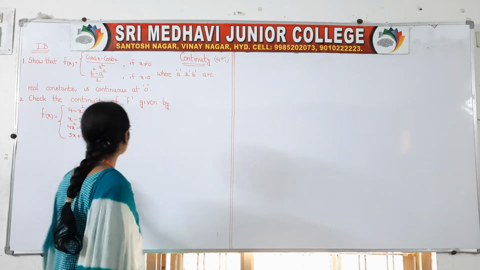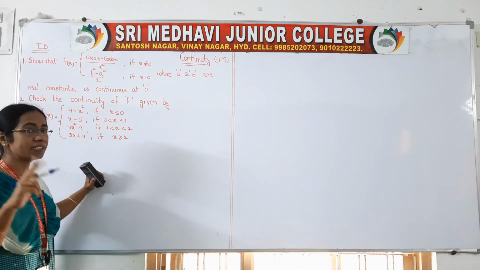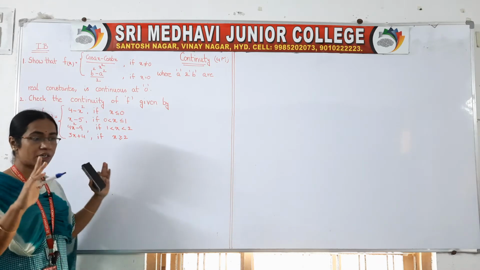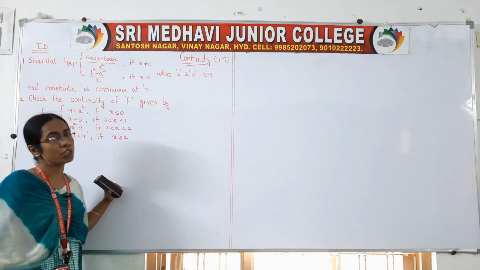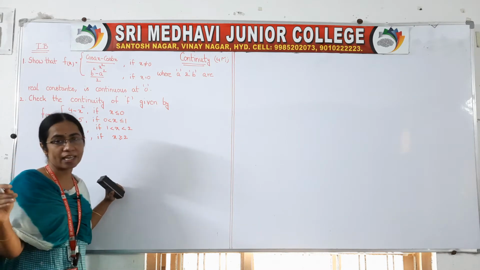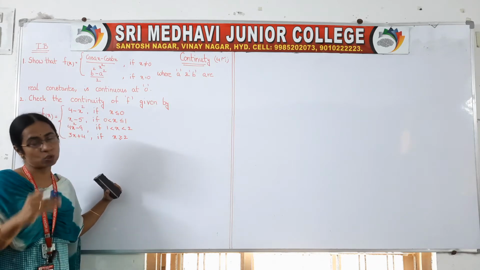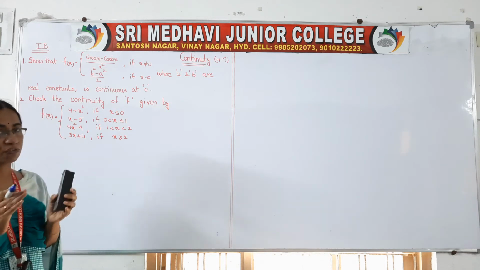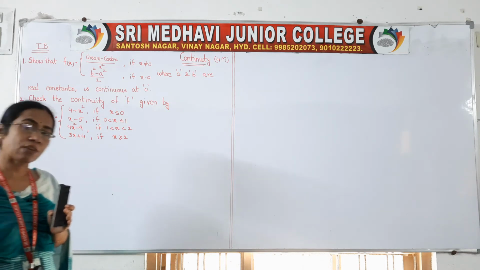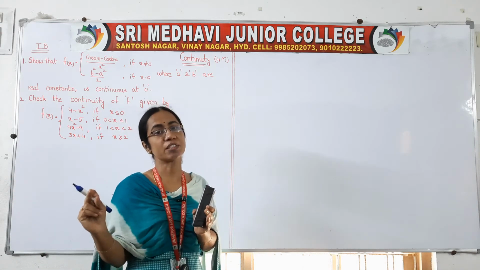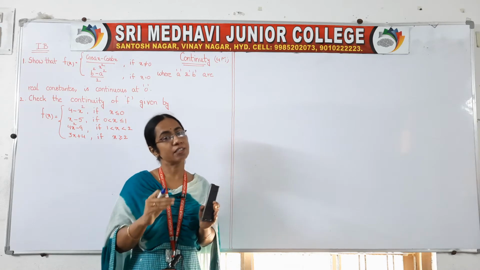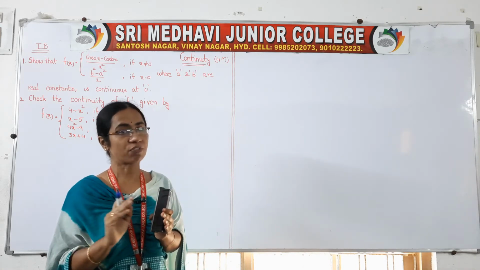Okay, so come on, how can we prove that? I said two methods, according to the given situation, two ways we can prove this. Suppose less than, greater than are given in the question, we will go for left hand limit and right hand limit. If left hand limit is equal to right hand limit and some value is there, then the limit exists, then f of a also we will find, right?